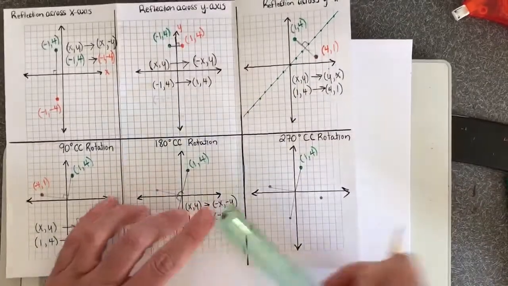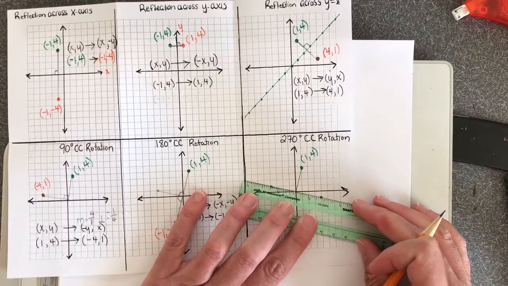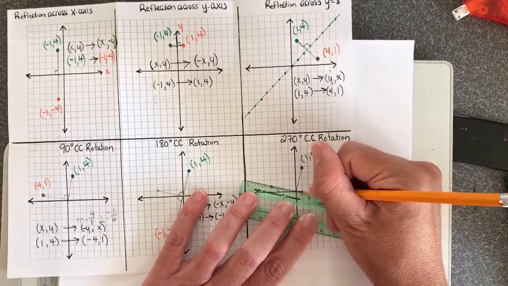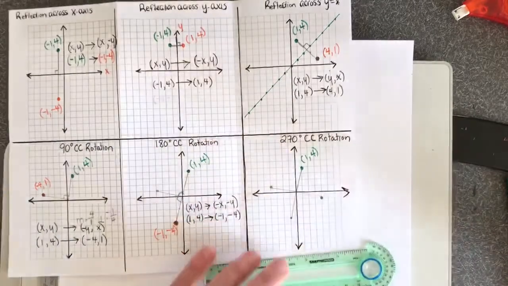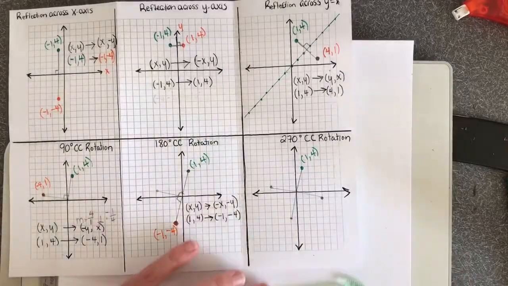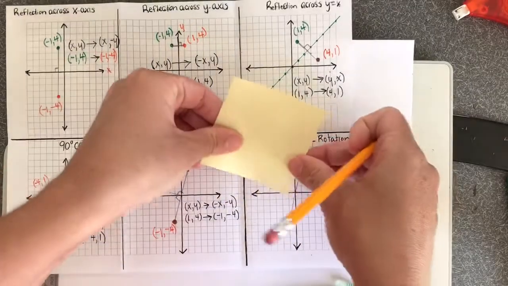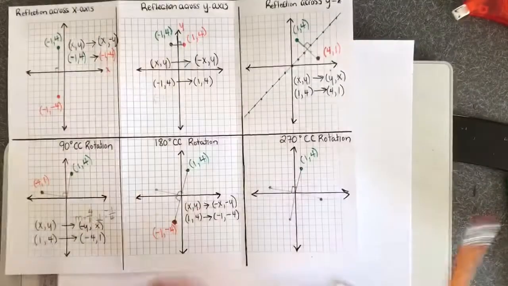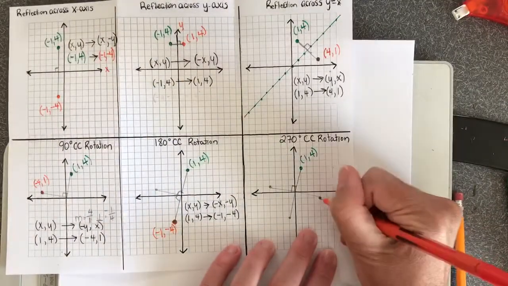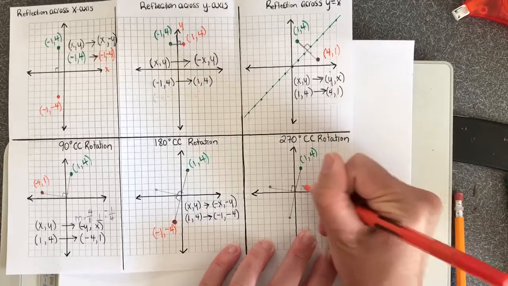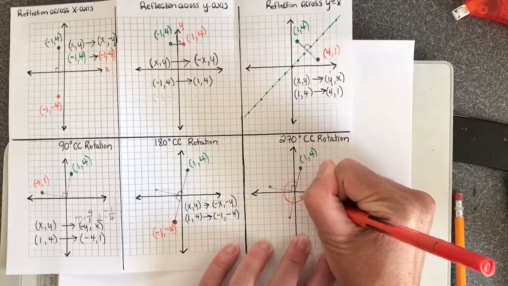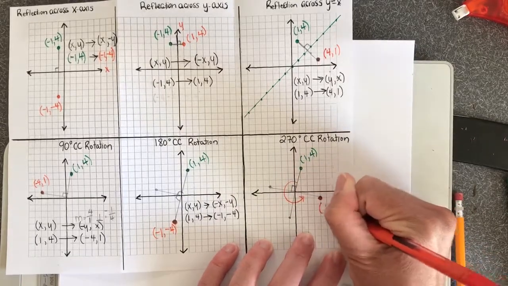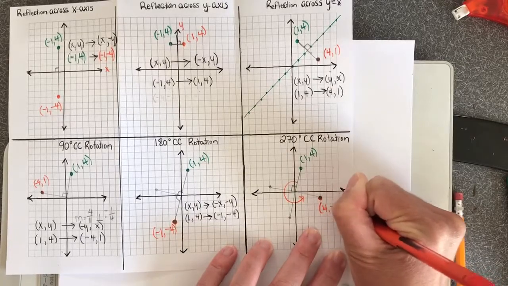Let's see if we got it. And take a look. I have my 4 right angles. Take your paper, line it up and check. So where am I located? My 270-degree counterclockwise rotation is at the point 4, -1.